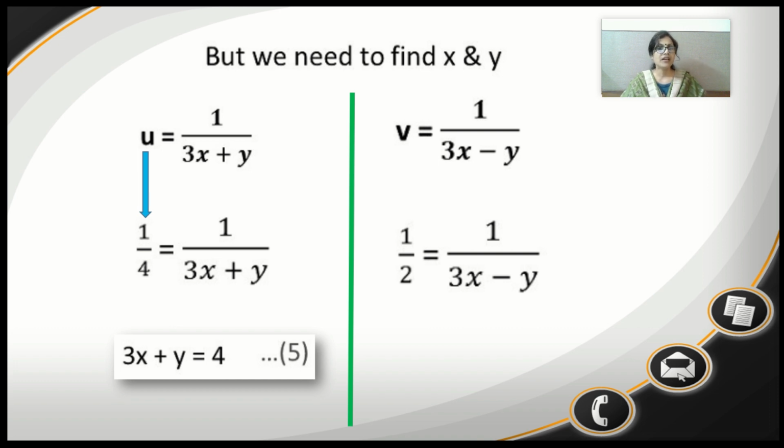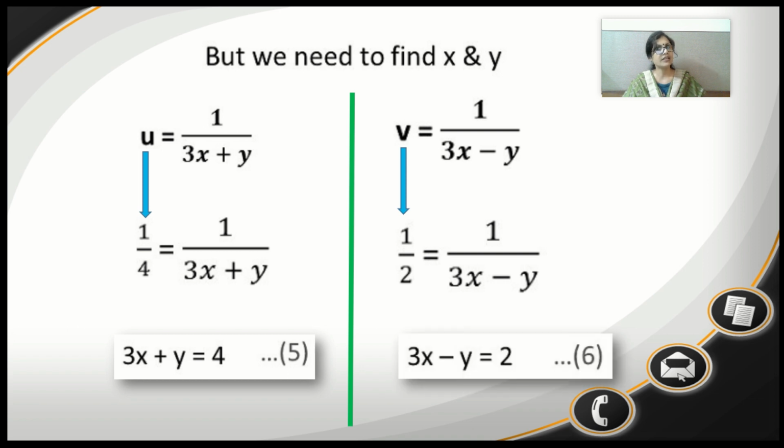And we have taken v as 1 upon 3x minus y, and we have calculated the value of v as 1 by 2. Again, after cross multiplication, you get 3x minus y is equal to 2 as equation number 6.